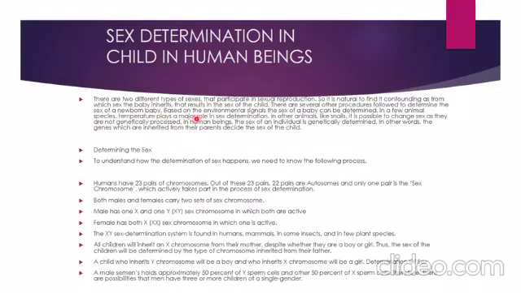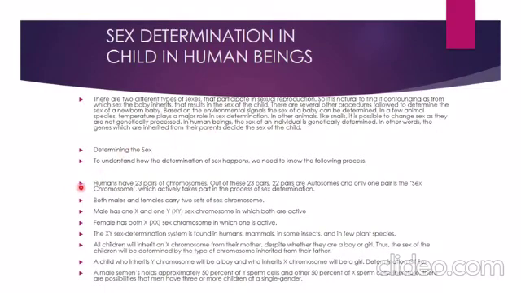Based on environmental signals, the sex of a baby can be determined. In a few animal species, temperature plays a major role in sex determination. In other animals like snails, it is possible to change sex as they are not genetically determined. In human beings, the sex of the child is genetically determined. In other words, the genes which are inherited from the parents decide the sex of the child.